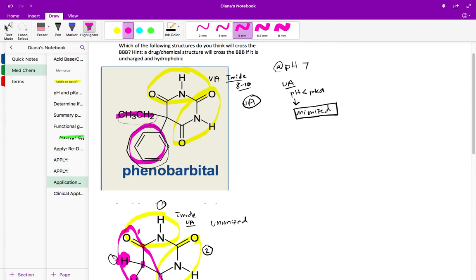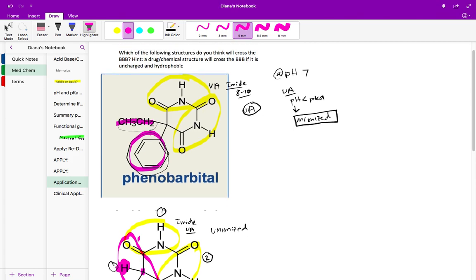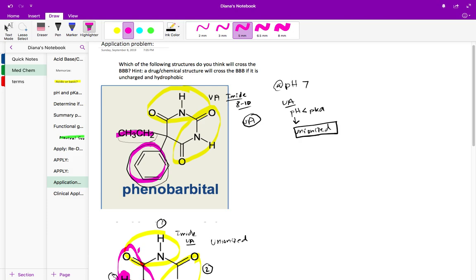So when you're looking at these two, you're thinking, okay, these two don't contribute to acidity or basicity, so they're just neutral.